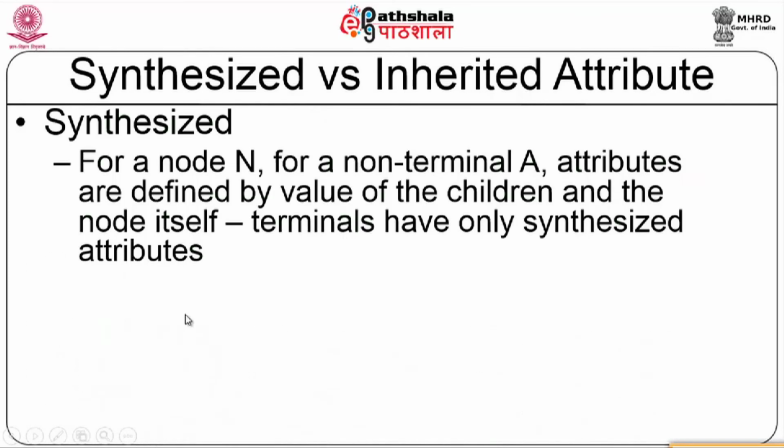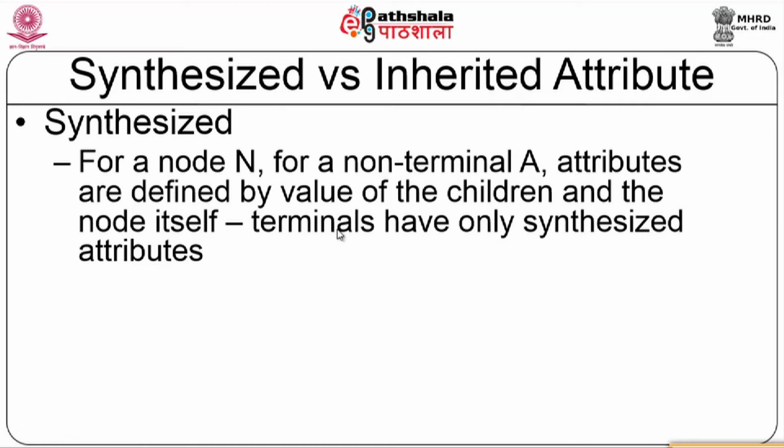So, for a synthesized attribute, for a particular node n, if that is a non-terminal A, the attributes are defined by the values of the children and the node itself. So, if the attribute of a particular node is defined in terms of the node itself or by means of its children, I will call the attribute a synthesized attribute. On the other hand, terminals will be the leaves of a particular derivation tree.